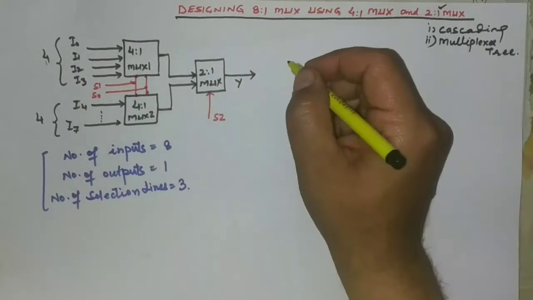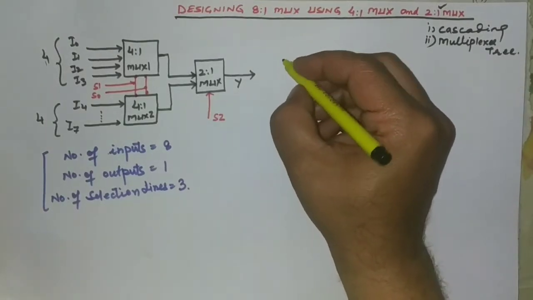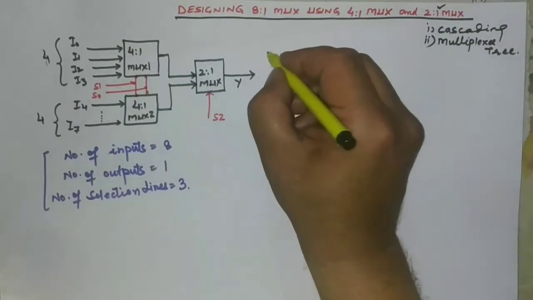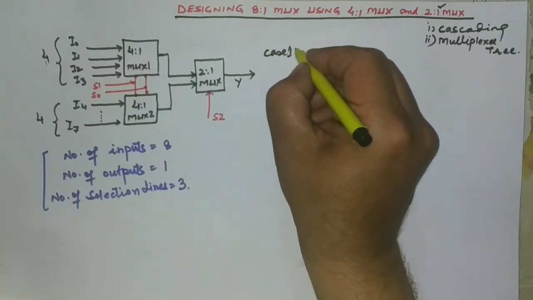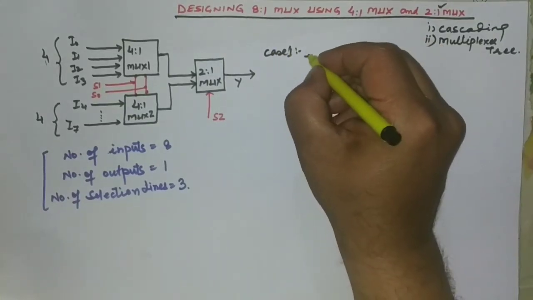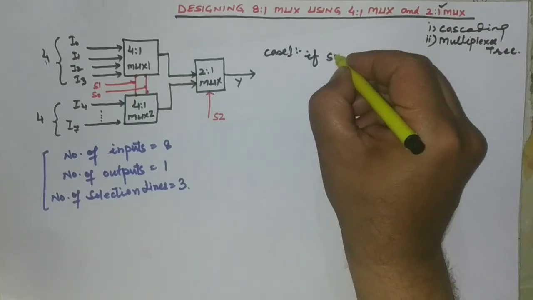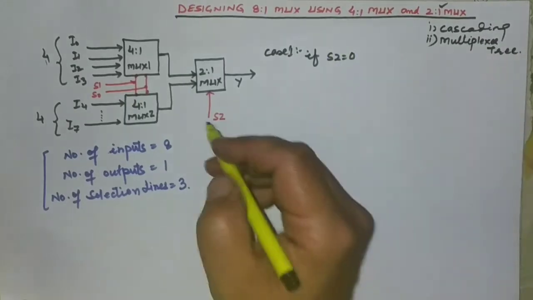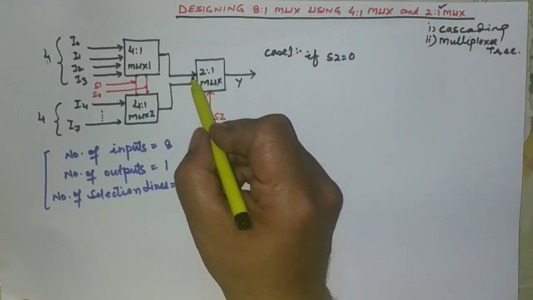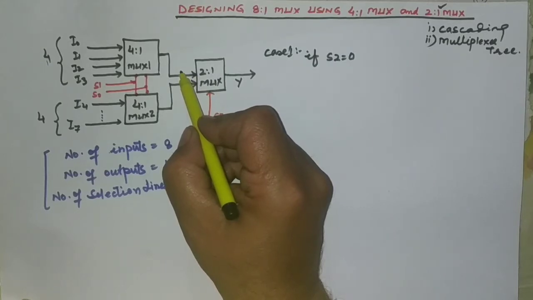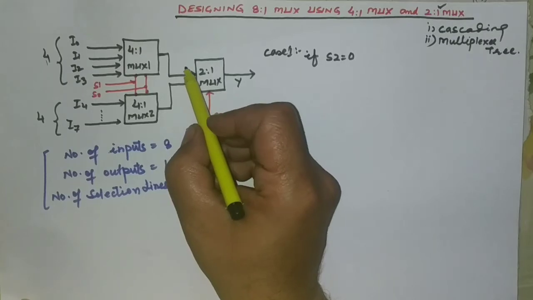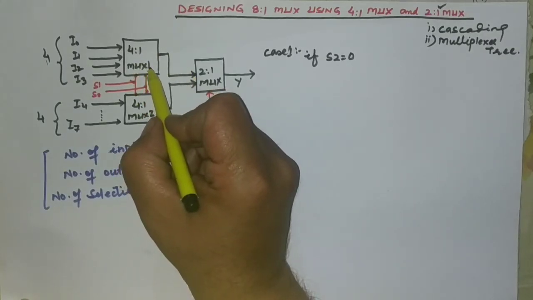See, case 1. If S2 is equal to 0, obviously when this is equal to 0, this line will be selected. And this line will be selected means the mux 1 will be selected.